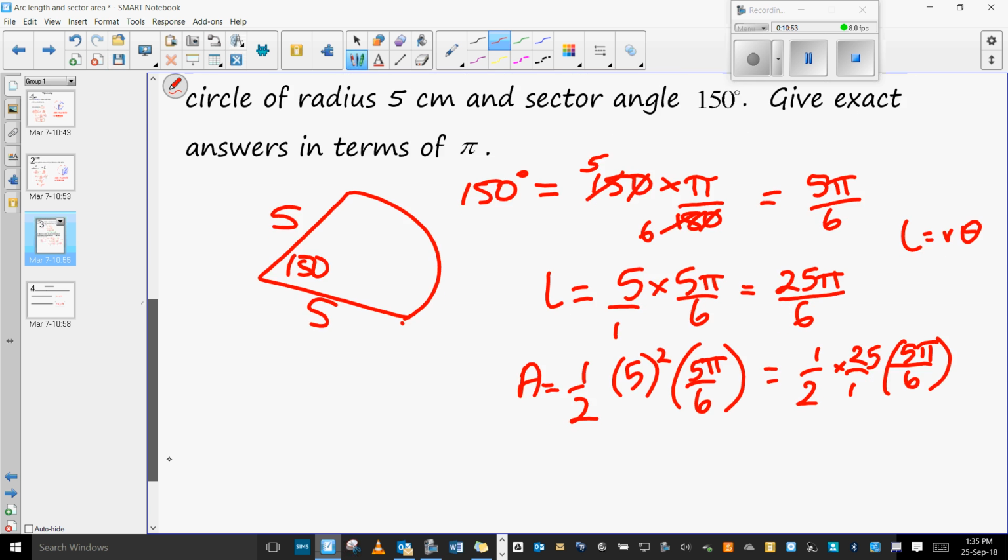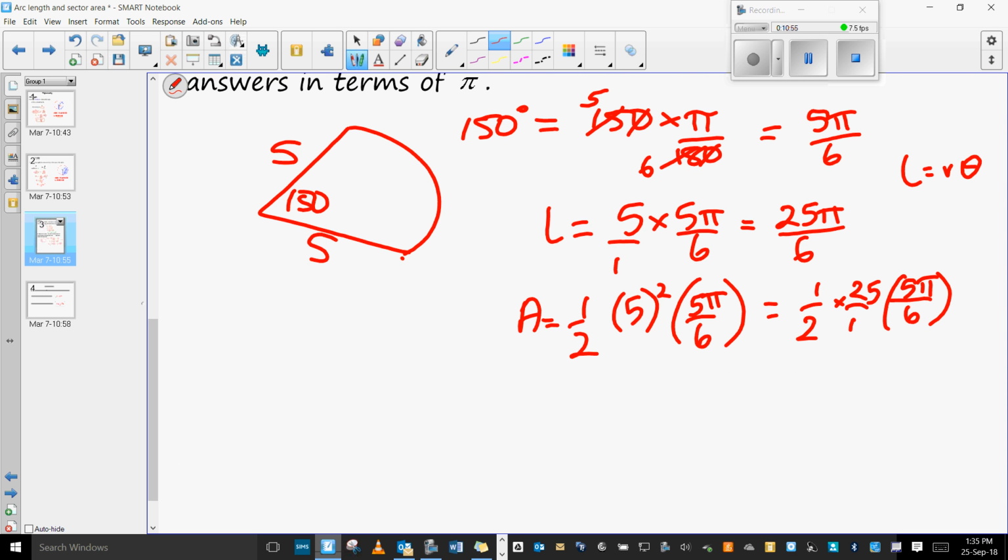So I've got 1 multiplied by 25 multiplied by 5. What's 5 lots of 25? 125. I'm multiplying, not dividing. So that's 125 pi, and 2 multiplied by 1 multiplied by 6, 12. Okay, so that's your final answers.